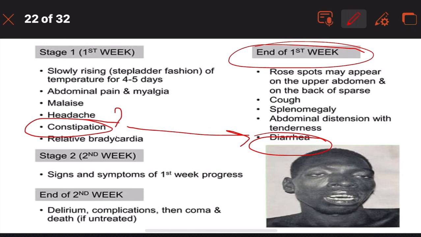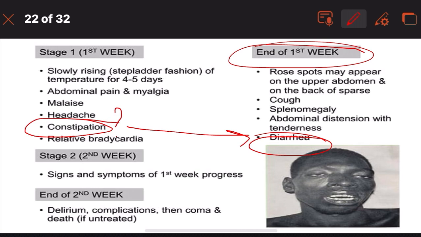And now we know hepatosplenomegaly is also seen here. The liver and spleen are involved in the response to the typhoid infection. They are getting enlarged. All of these are also contributing to the abdominal distension, and the tenderness, especially, is seen in the right upper quadrant.